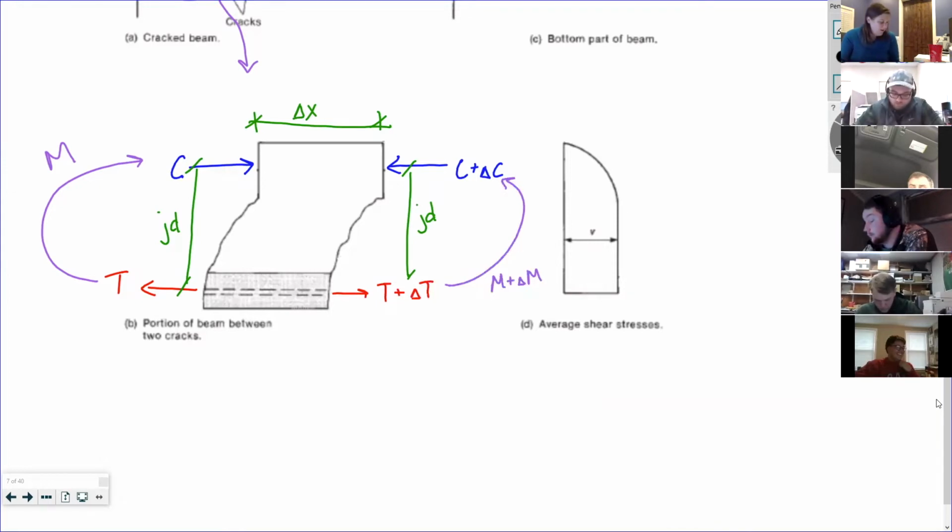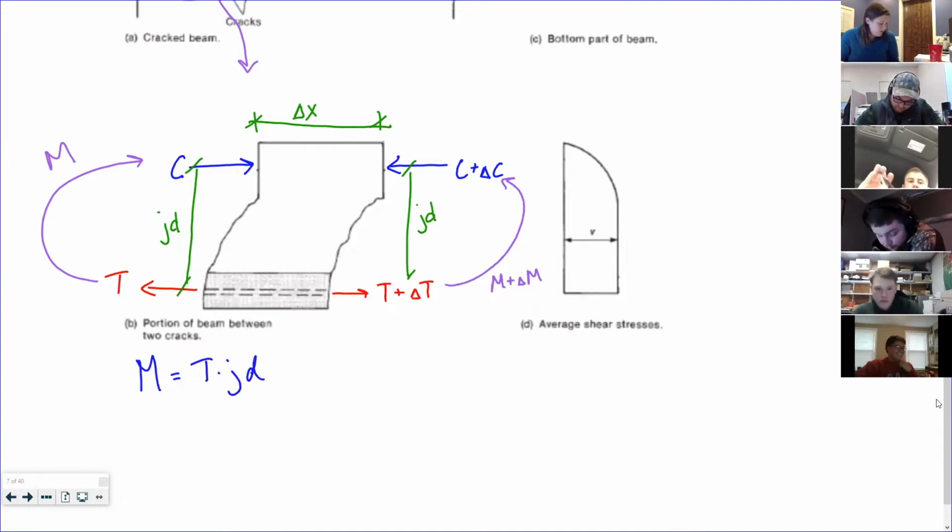If I want to find the value of that moment, I take the moment about C on the left side: T times jd.